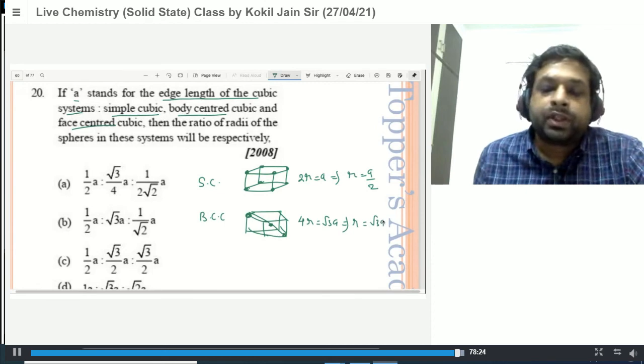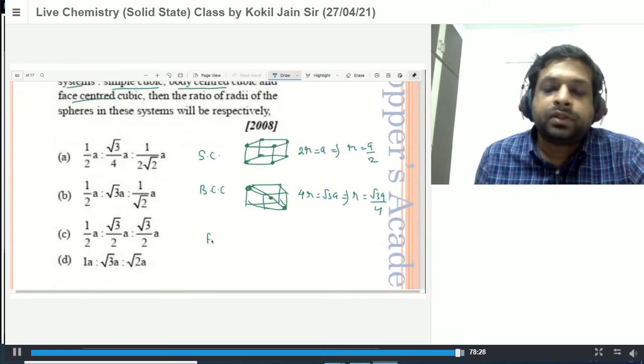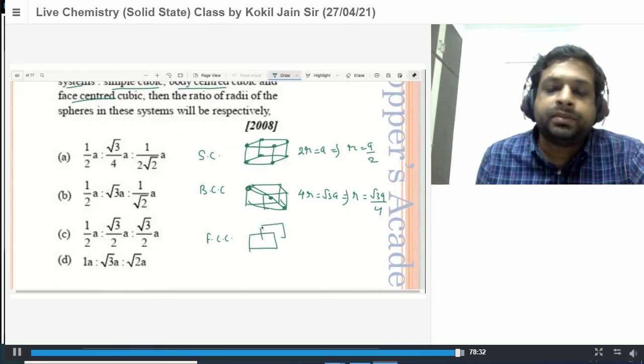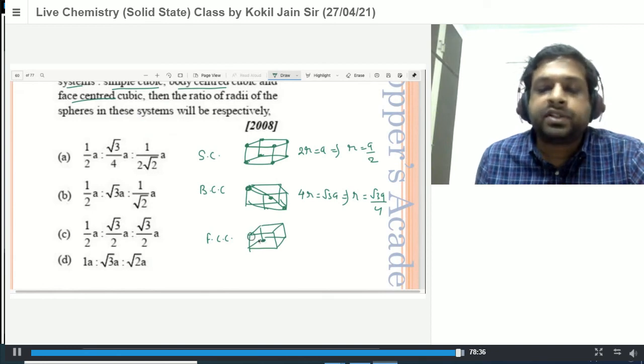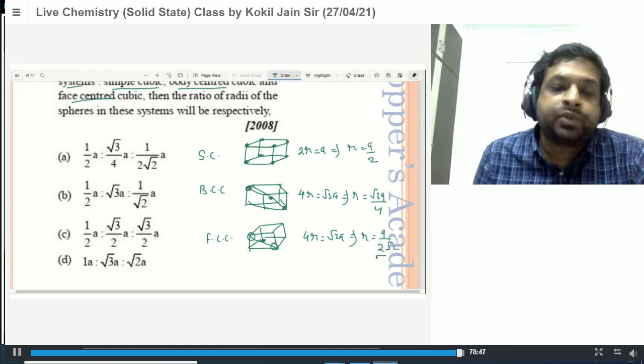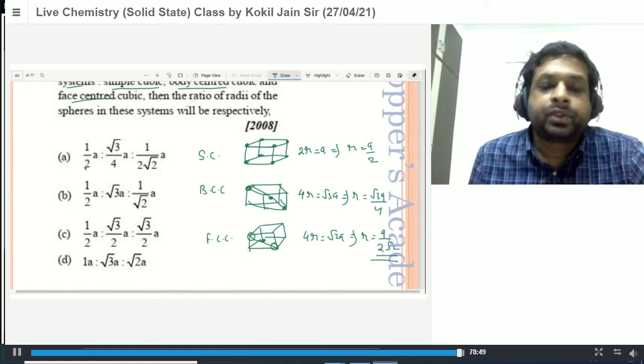Across the FCC lattice, we are going to calculate only across the face diagonal. 4r is equal to root 2 a. This would lead to r equal to a by 2 root 2. So your answer would be the first option here. Hope you understood this thing.